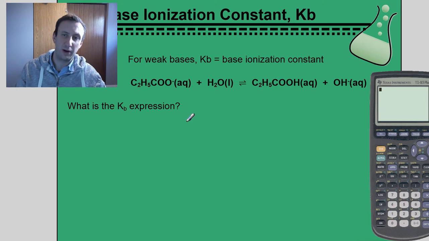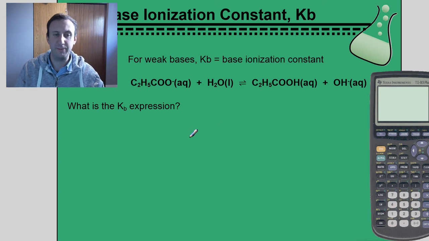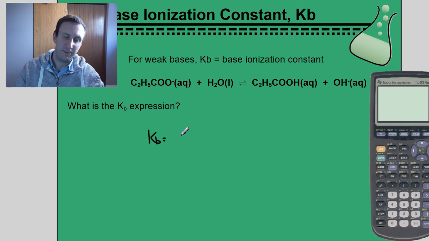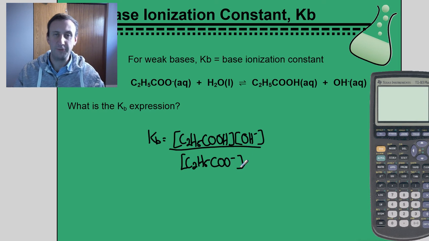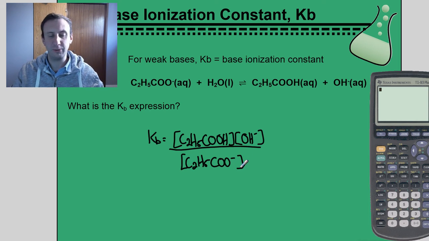Well, we can write that out, and I wish I would have picked a base that was a little bit less in terms of letters, but it is what it is. So Kb is C2H5COOH concentration times OH minus divided by C2H5COO minus.